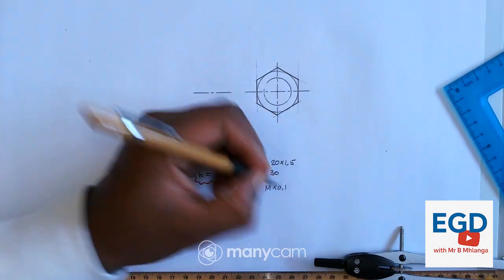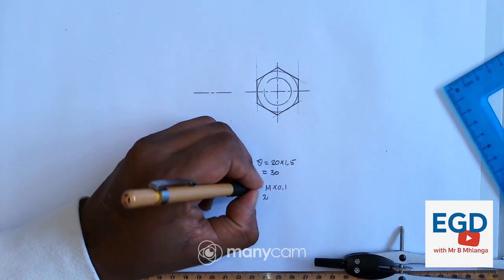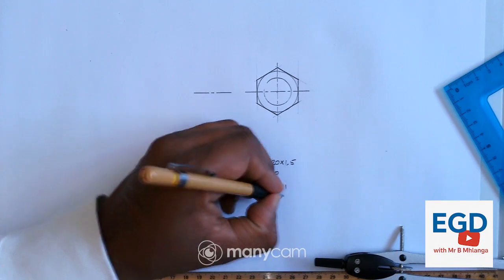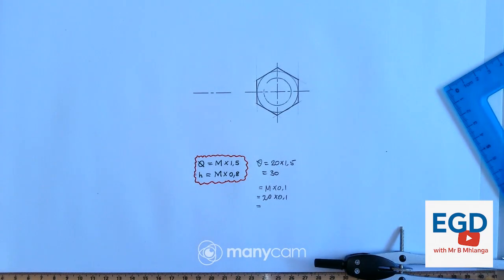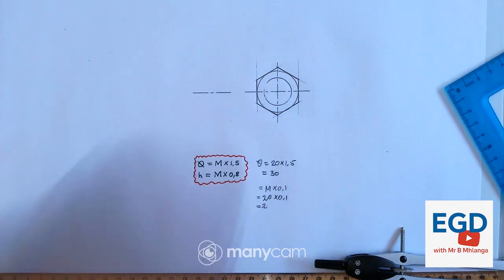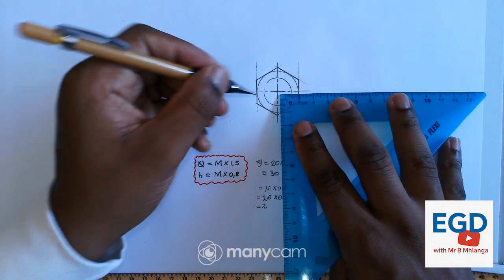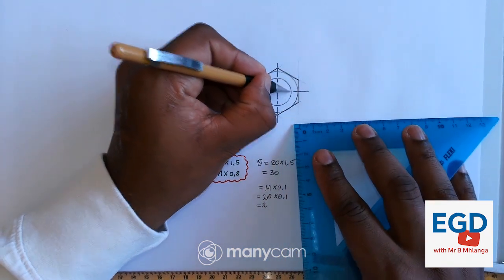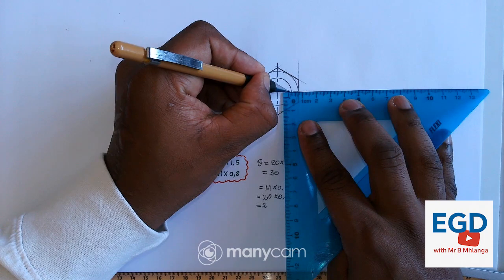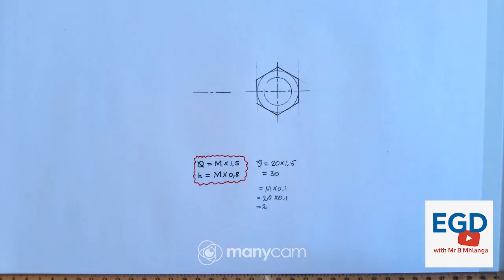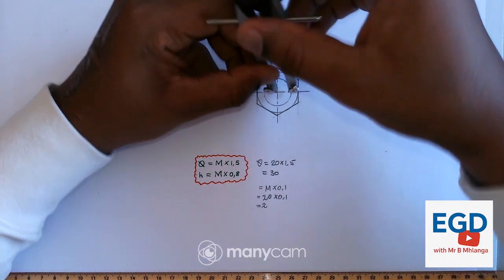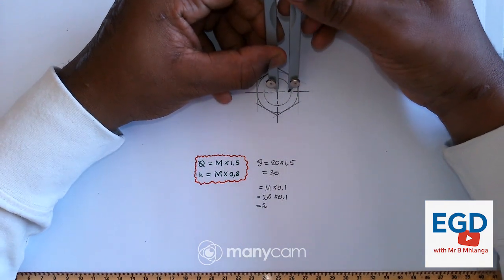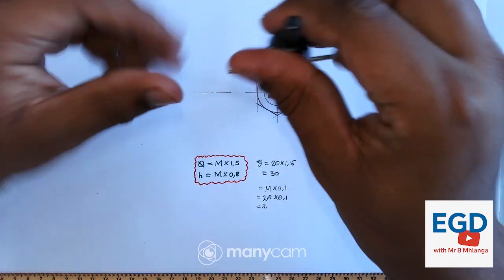The M value is 20 multiplied by 0.1, which gives us 2, right? So I can mark off 2 there from this arc going in. I'll take my compass, put it at the center to that point that I've marked, and draw a circle.